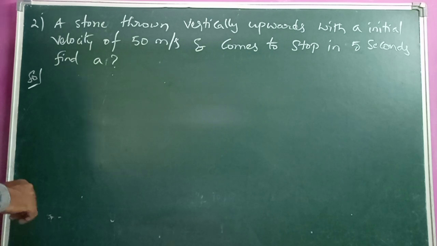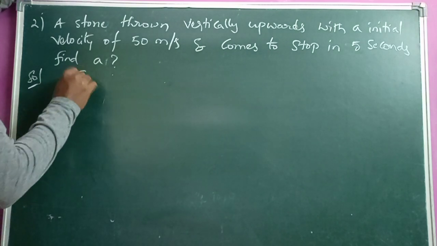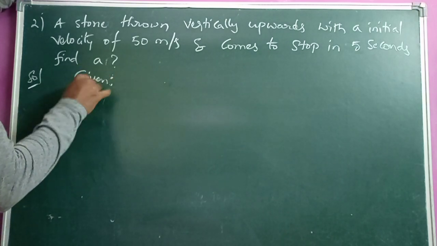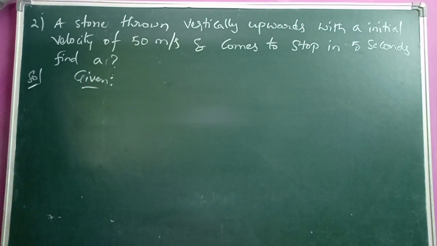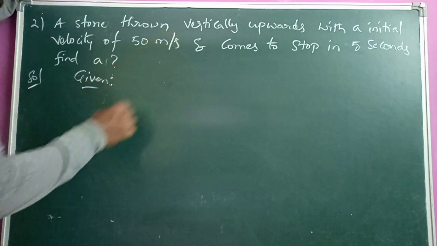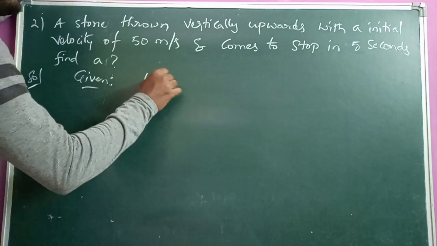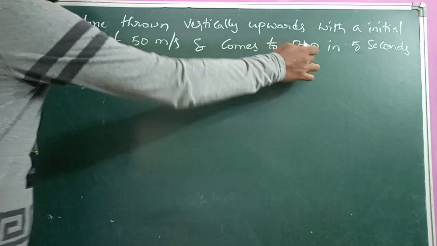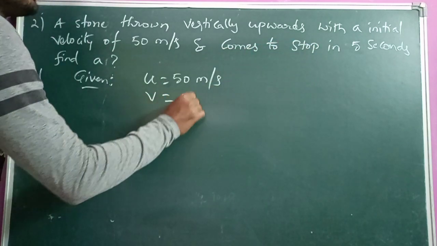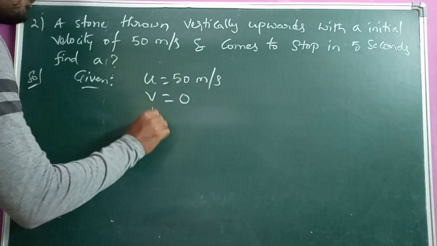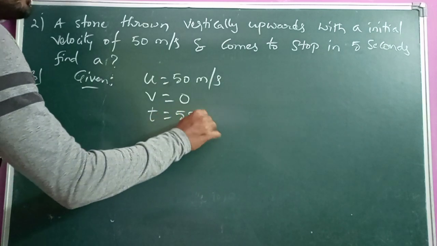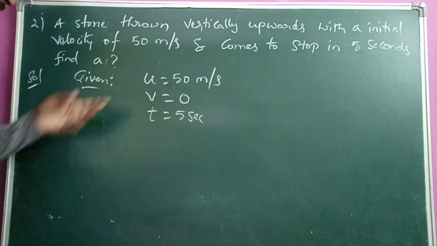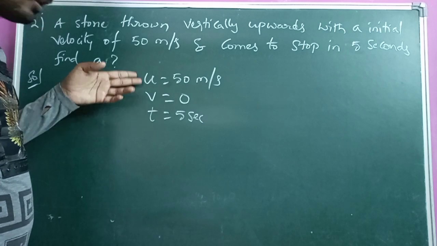What is the given data? Initial velocity u is equal to 50 meter per second, and comes to a stop, that means final velocity v is equal to 0. Time taken is 5 seconds. Here, if you observe, the velocity goes on decreasing.